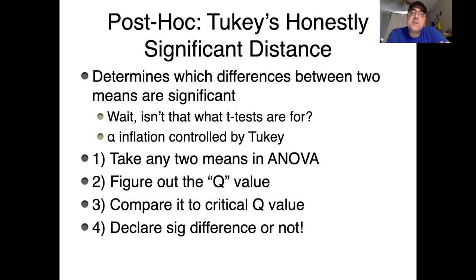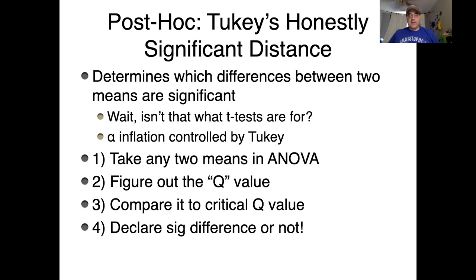Because if every single one of those t-tests carries with it an alpha of 0.05, meaning that it has a 5% chance of being declared as a statistically significant difference, but wasn't, if you ran 6 tests, each one of which came along with a 5% chance of being a false positive, you would get into an unacceptable range of probability for having a false positive. And that's just not something we can do.